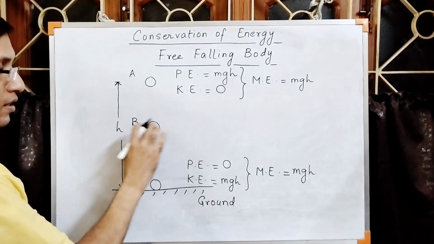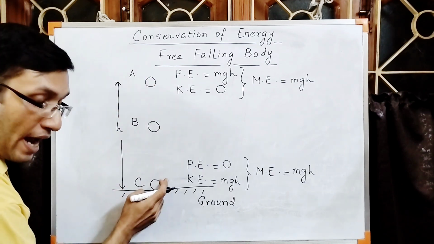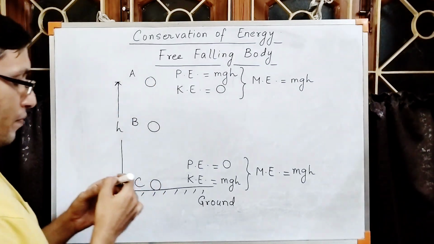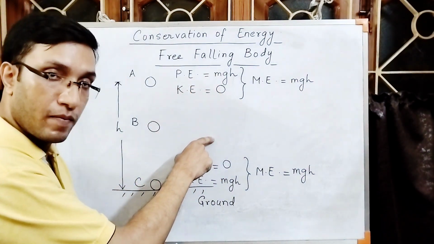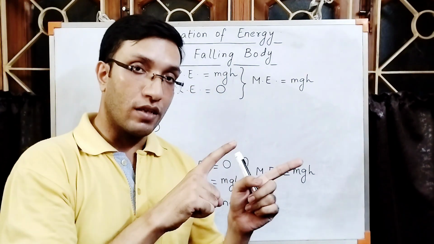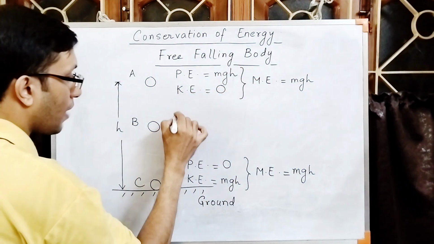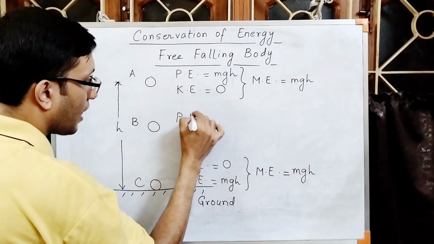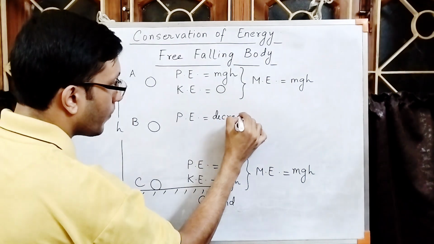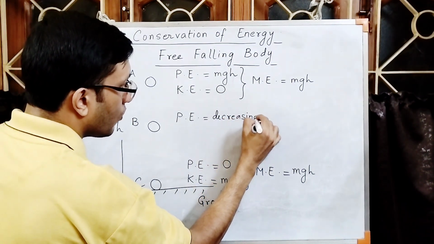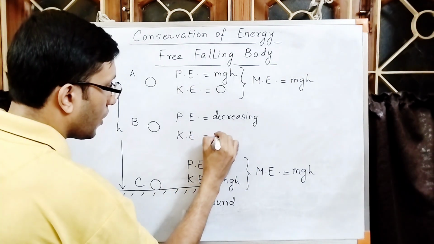Now this is the position of the body somewhere in between the initial point and the final point, right? As you come down, the height keeps on decreasing and the speed or velocity of the body keeps on increasing. That means as the body starts descending, potential energy keeps on decreasing, whereas kinetic energy keeps on increasing.